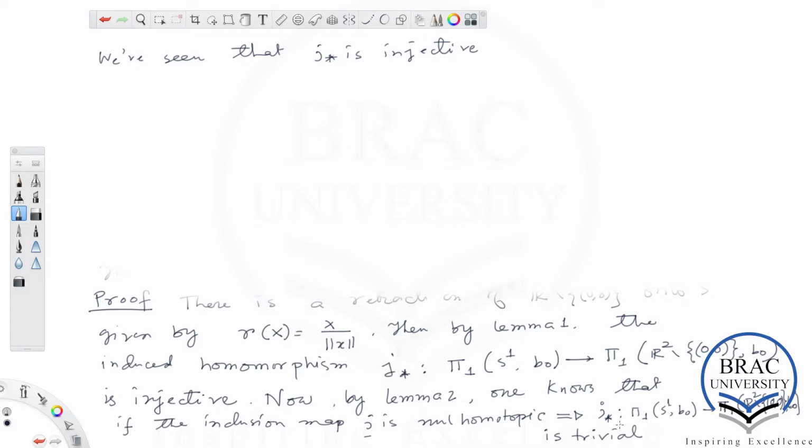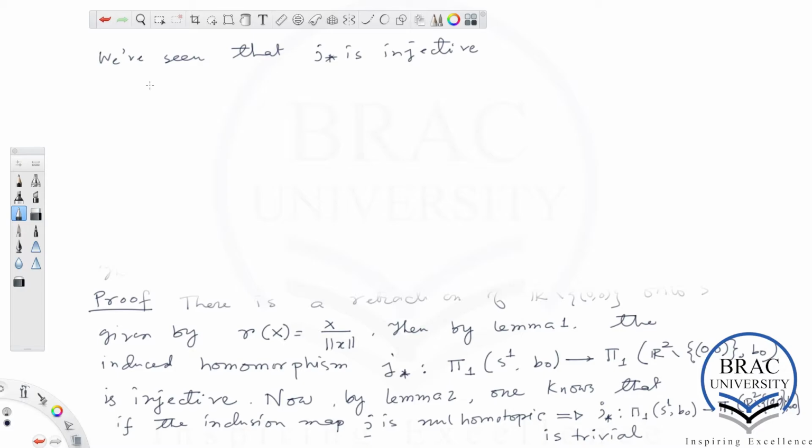So J star, being a map from pi 1 S1 comma B0 to pi 1 of the punctured plane comma B0, is injective, and since the fundamental group of S1 with reference to this base point B0 is non-trivial, J star cannot be a trivial homomorphism.